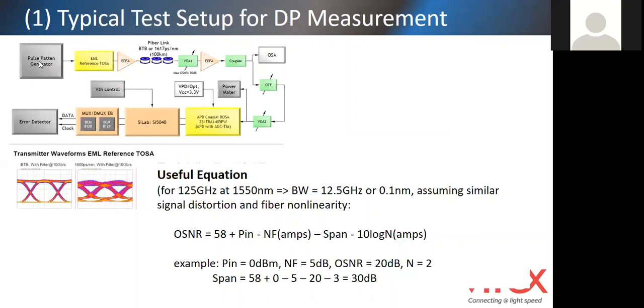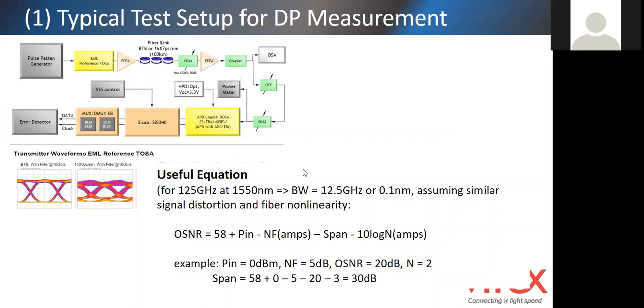The purpose of this test is to measure the dispersion penalty by this EML laser. So you can see this eye is open and nice, and then it becomes like this due to dispersion, right? This eye is here without the fiber, or even the EDFA. This one is here after the second EDFA.